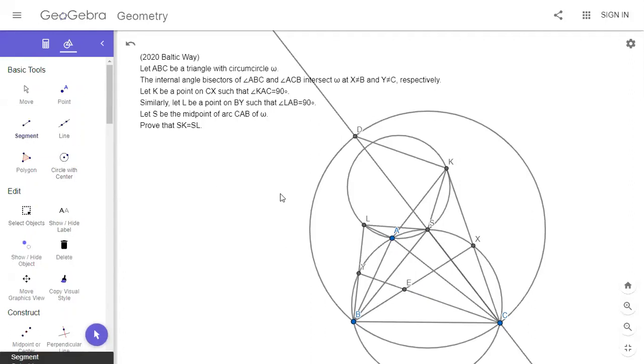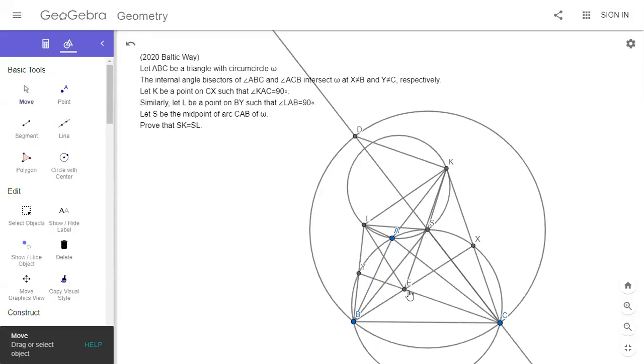did you say ILK? Is A the incenter of ILK? No, I am saying that we need to prove that S is the incenter of ILK. Oh, I don't think S is the incenter of ILK. I think you can try drawing it.